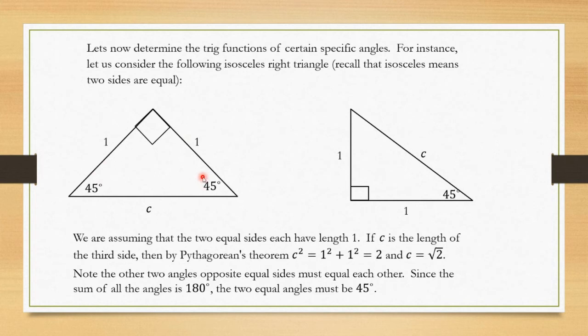So since these two are equal and they add up to 90 degrees, that forces them to be 45 degrees. So we go from this triangle to this one as before. This angle is also 45 degrees, even though I didn't write it in. And to get C, remember Pythagoras's theorem: we have 1 squared plus 1 squared equal to C squared.